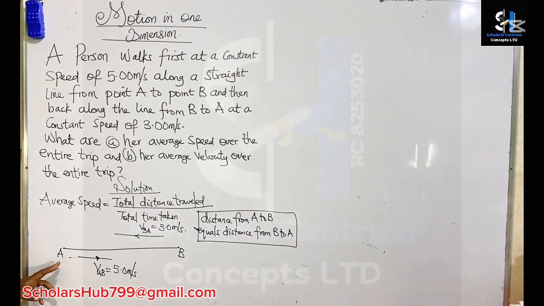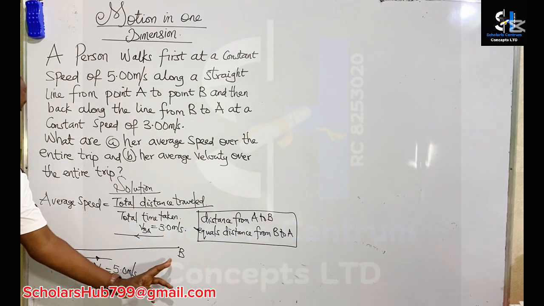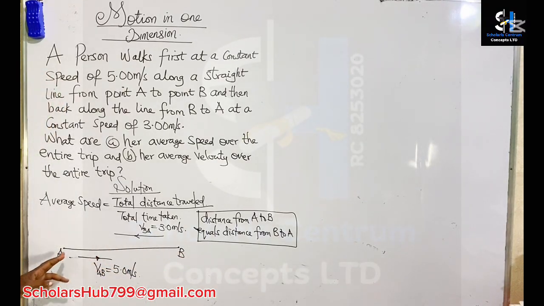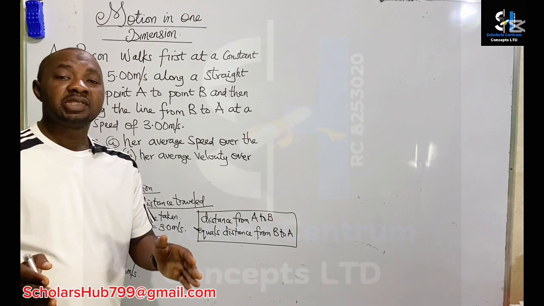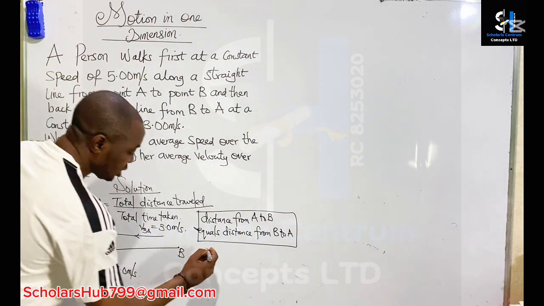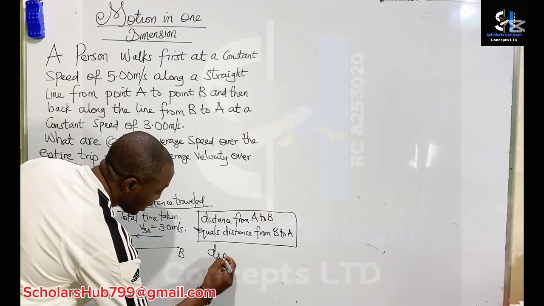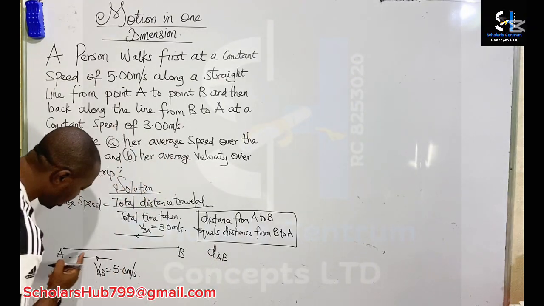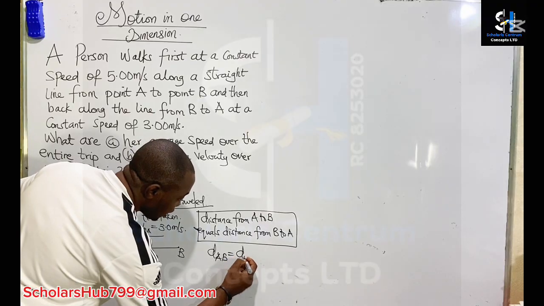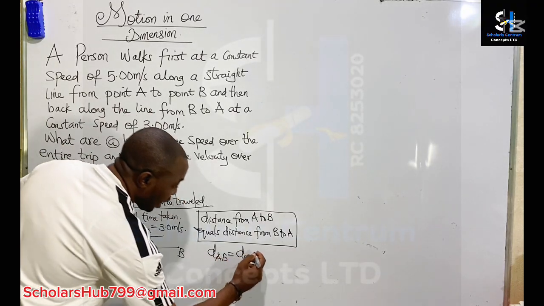So if the person walks from A to B, and the same person also walks from B to A, the person is going to cover the same distance. Which means the distance from A to B will be equal to the distance from B to A, and that will be equal to D.